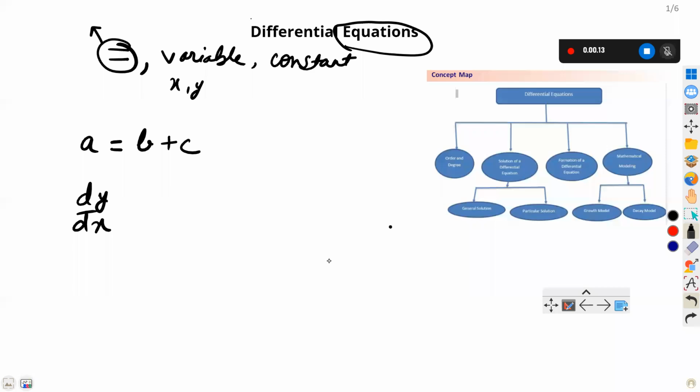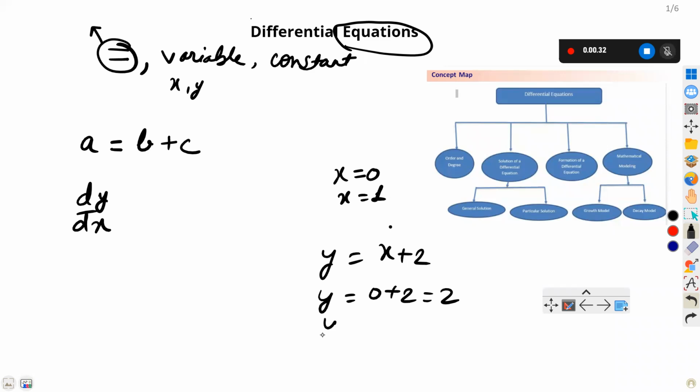Let's say we have a function y equals x plus 2. You can see here, as we change the value of x, suppose x is 0, then we get y equals 0 plus 2, or 2. Next, suppose x equals 1. We get y equals 1 plus 2, which is 3.